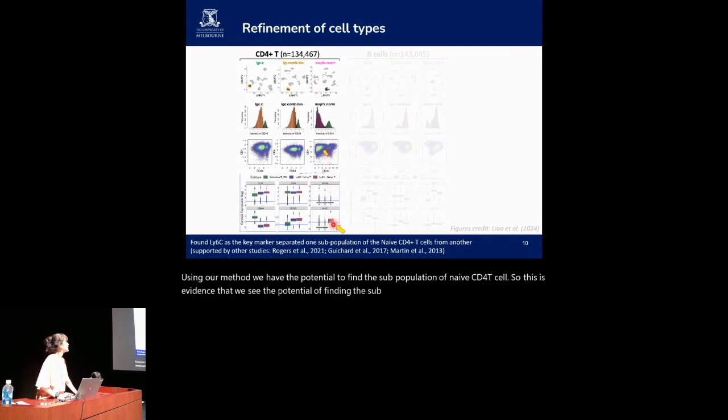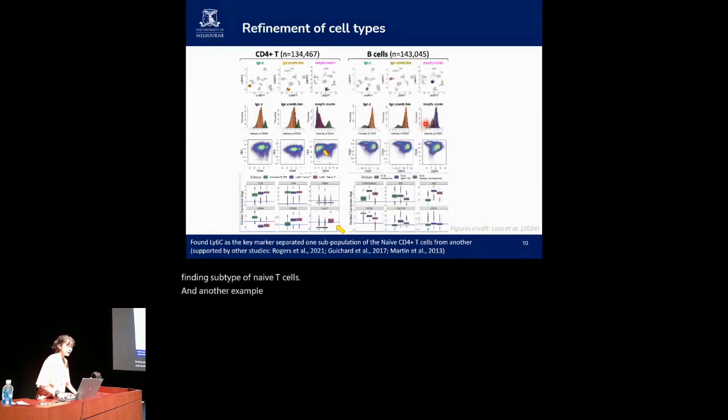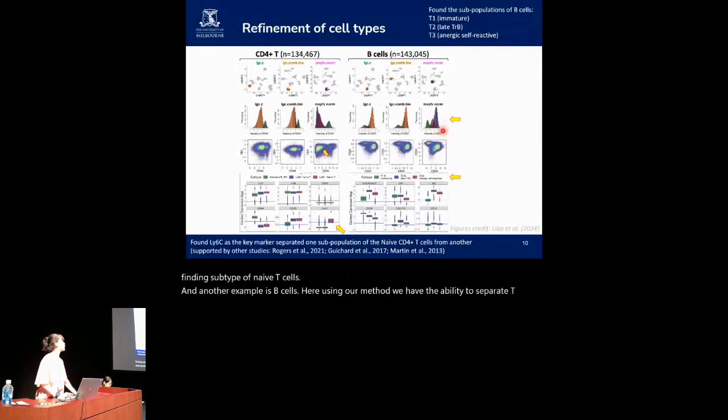The key marker here is Ly6C. Also, I found some papers that suggest that Ly6C might be a potential marker for finding subtypes of naive T cell. And another example is B cells. Here, using our method, we have the ability to separate T2 B cells apart from T3.